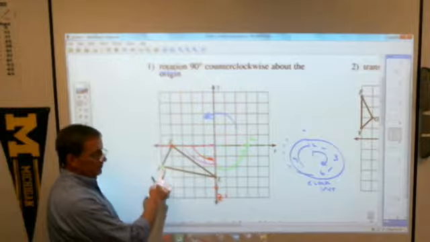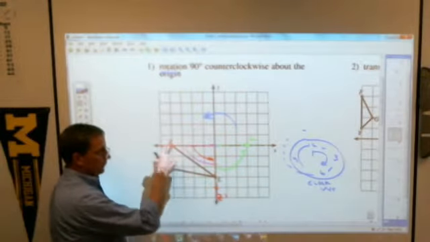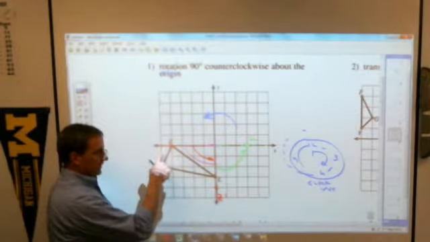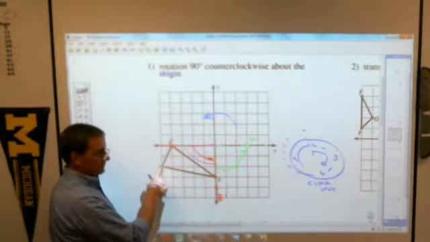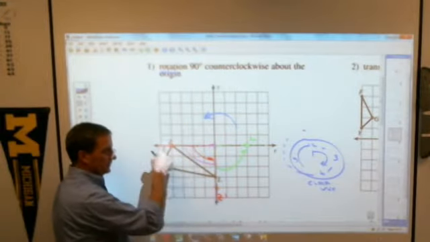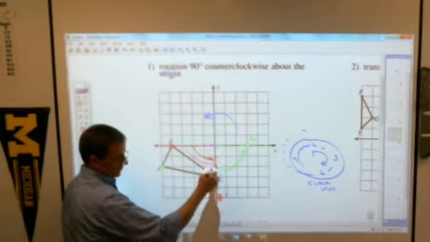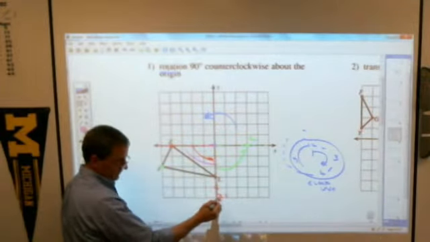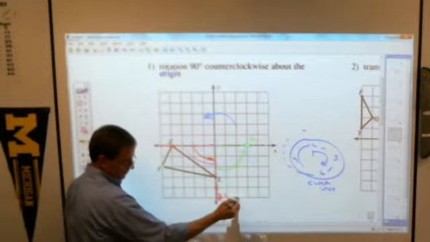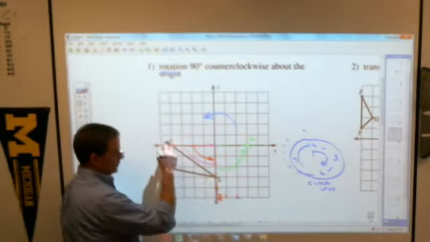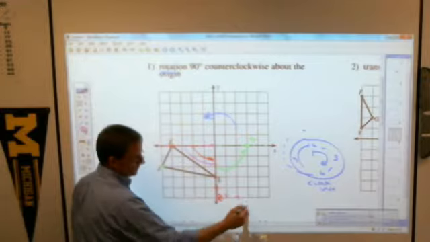Point J was 1, 2, 3, 4, 5 left and 1, 2 away from it, right? It's still going to be that same distance this way and this way from that axis. So you just need to count that. 1, 2, 3, 4, 5. 1, 2. There is your J prime.